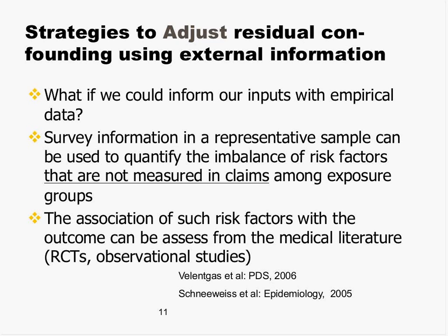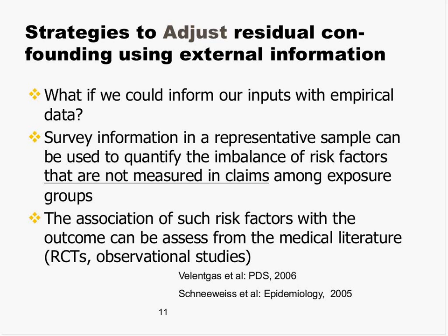What we could, for example, do, we have survey information where we might not have outcome information. It's a cross-sectional survey, but might have an estimate of the relationship between the exposure and the unmeasured factors, the factors that we observe in a survey, but that we don't observe in our main study, which is either claims data, electronic medical records, registries, whatever you have, some secondary data.